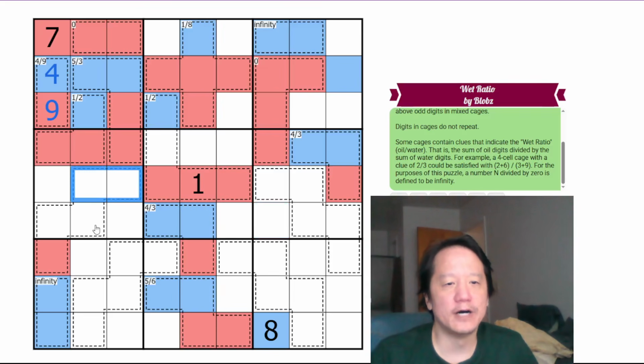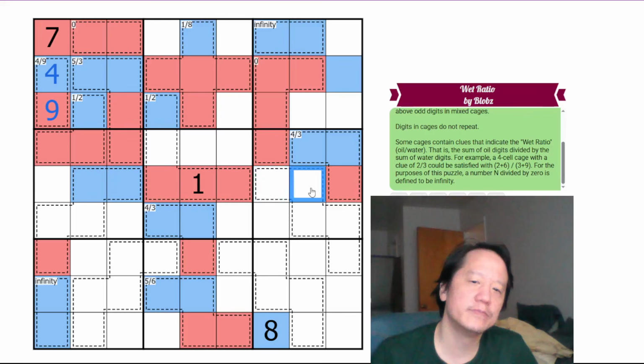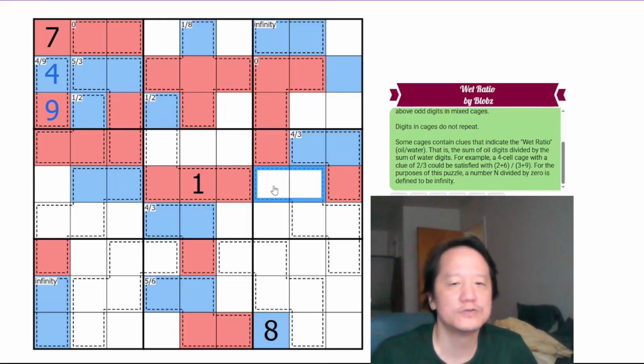These cannot be odd because that would guarantee these are odd, and we'd have 7 odds in the cage, so these must be even. Similarly, these cannot be odd because if these were odd, we'd have 6 odds in the row, so these have to be even.